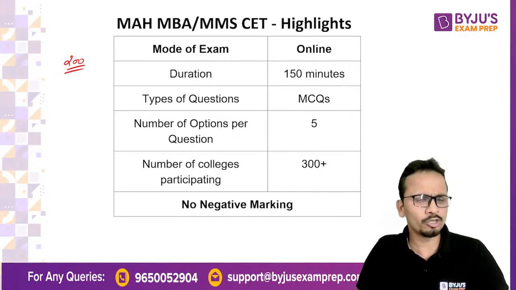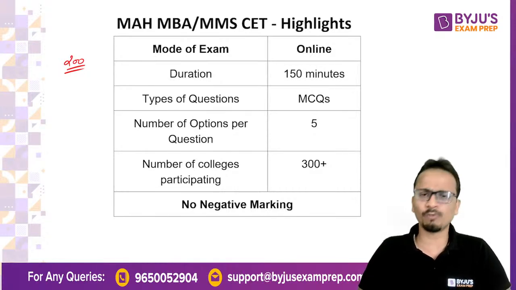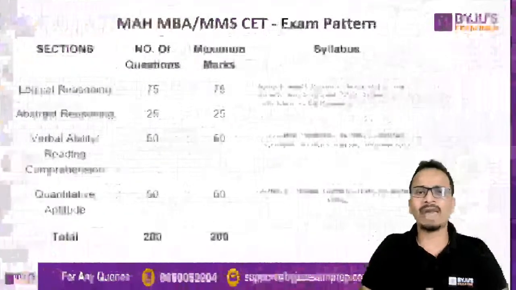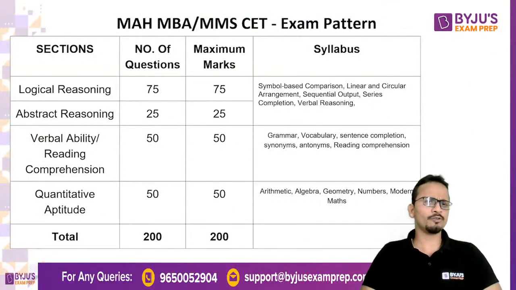And I'll show you how these 200 questions are divided across the 4 sections. So let's go ahead and look at that. This is the pattern of the examination which is there in front of you. We'll start with the logical reasoning section.